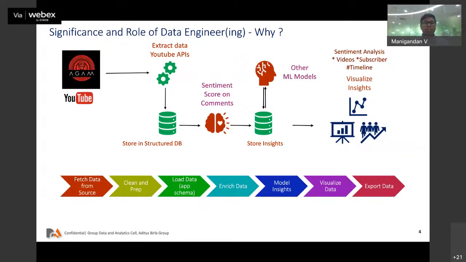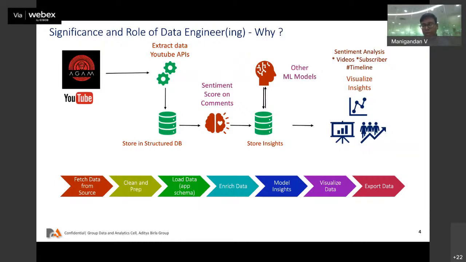Now you look at why we need a data engineer. If you look at the NLP models or other models, I would generally say it's like a car's engine. You cannot just take the engine alone and go around the city. You need a vehicle which has a good body, a good dashboard telling you what's happening, and wheels and everything else built in.